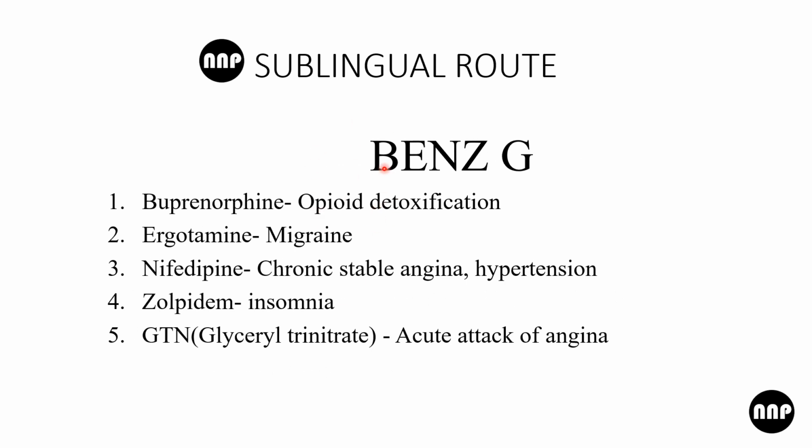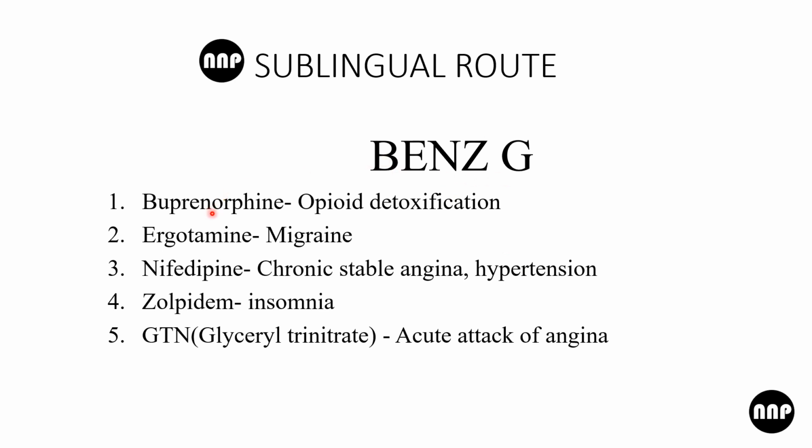Now coming to the examples of sublingual route, this is the most frequently asked question in university exams. So we can learn by the trick BENZ G. Do not forget this G, because the first example you should give is this one only: glyceryl trinitrate for acute attack of angina. Now what does BENZ stand for?